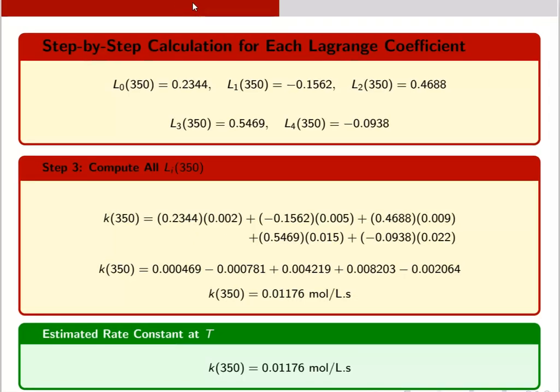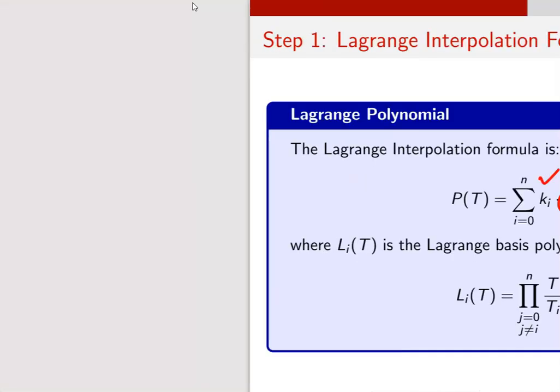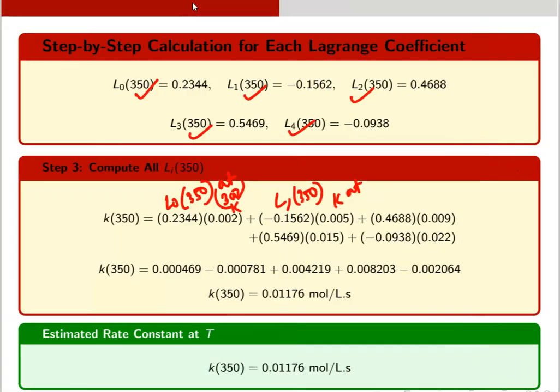Now we have all the Lagrange coefficients L0, L1, L2, L3, L4. We multiply L0 of 350 by the K value at the first temperature, similarly L1 of 350 by the K value at its temperature, and likewise L2, L3 and L4 with their corresponding K values. For example, multiplying L1 by its K value gives minus 0.781.